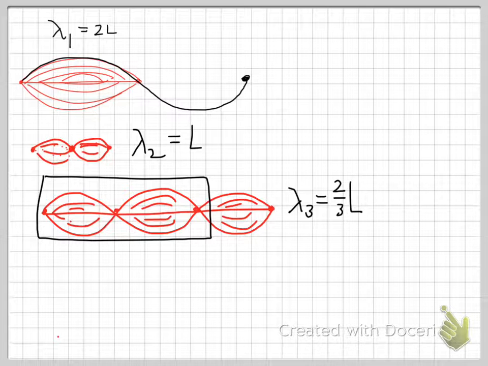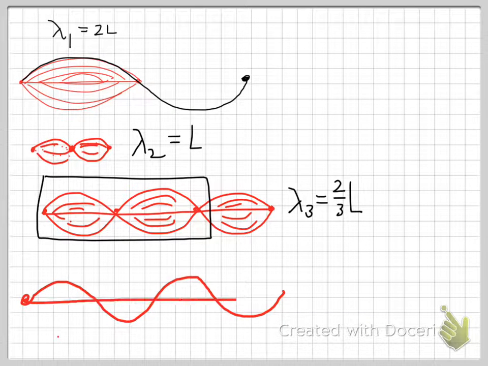So if you were a betting person, I'm really terrible at drawing these larger waveforms. So the wavelength for the 4th harmonic would be what? 1/2, because it's 2/4.